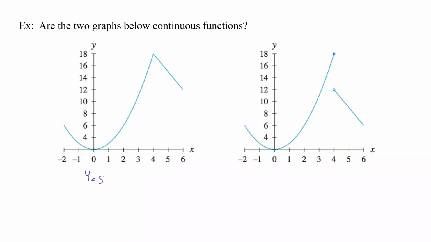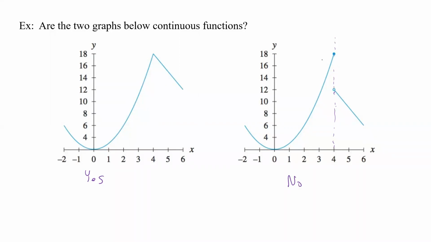Not exactly, because at x equals 4, the limit from the left looks like 18. The limit from the right looks to be about 12. Those are not equal, so this is not continuous. So you can use the lift-your-pen test, and if you have to lift it to get to the next piece, then it's not continuous.